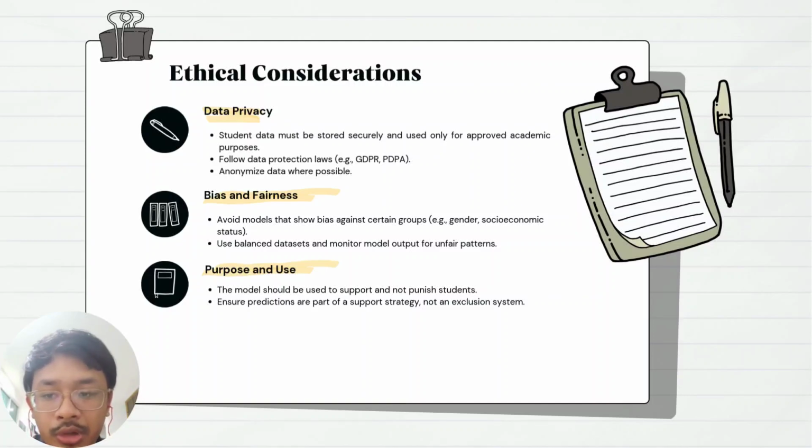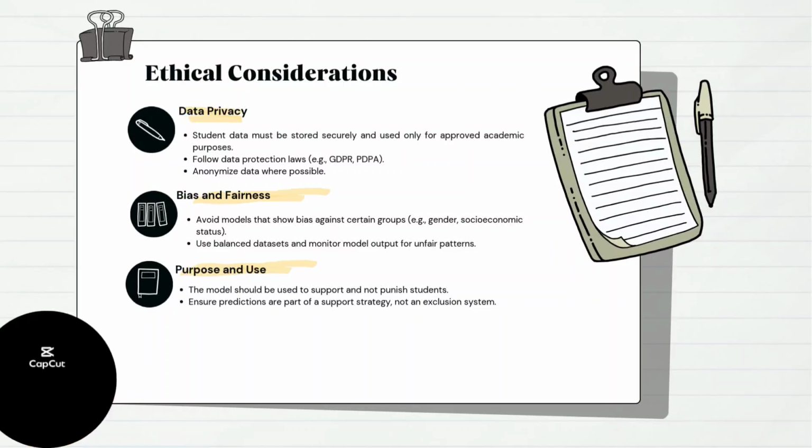Then we will also use a balanced and stable data set in order to avoid bias, and monitor model output for unfair patterns. And for purpose and use, this model should be used for support and not to punish students. This model is developed to be a support strategy, not an exclusion system.